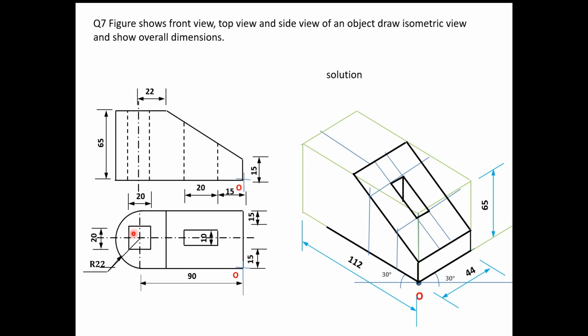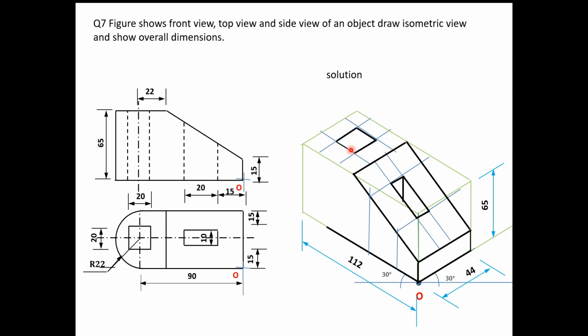Next again we have to construct this 20 by 20 square at the center, so from the center draw one line 10 mm apart, another line 10 mm apart. This length is 44, 44 by 44, so we have to draw the center line, and find out this 10, 10 apart and draw this.